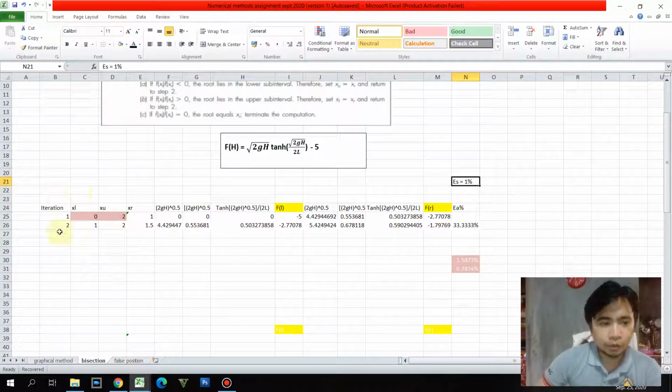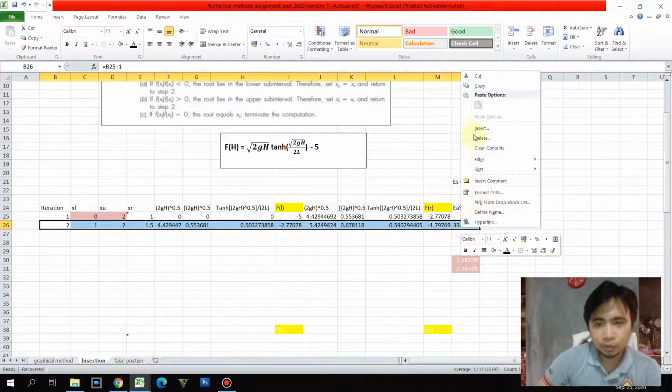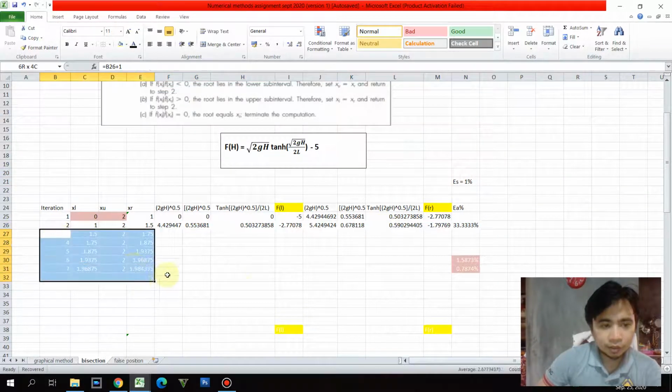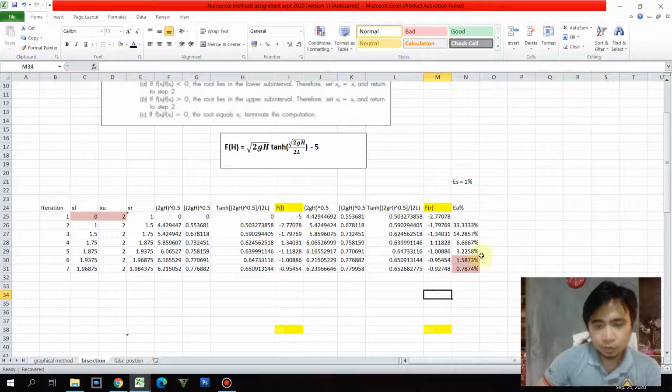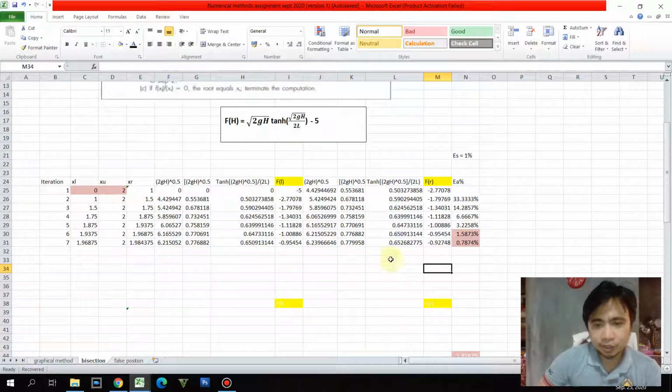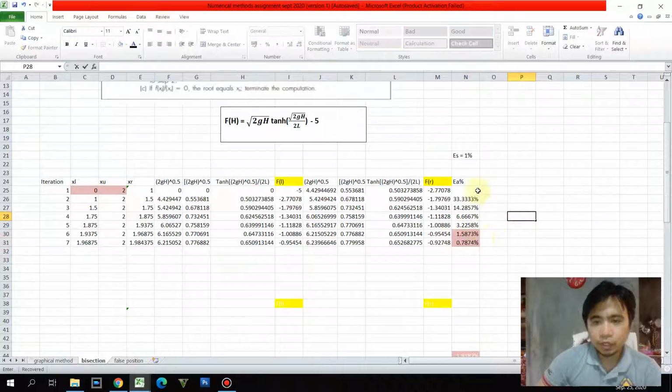So we're going to continue up to the 7th iteration. So between 6 and 7, we have 1.58 and 0.78. So the range is quite far to 1%.